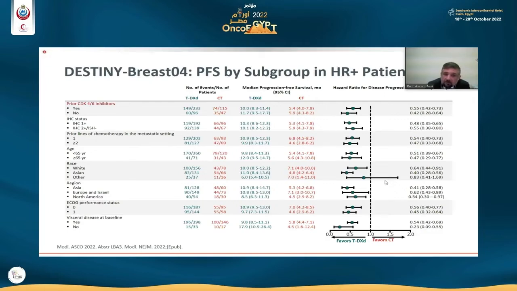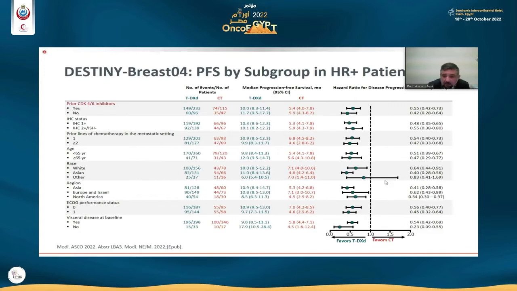This involves the patients that had CDK4/6 inhibitors in the past, patients that had more than 2 lines of therapy, among all age groups, among all races, even in the small percent of African American and Hispanic Latino origin, and in patients that had visceral disease at baseline too.